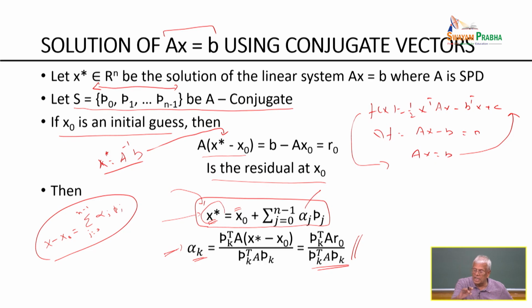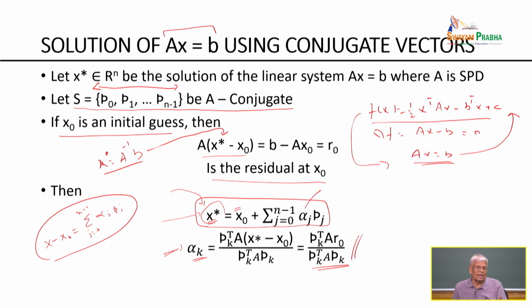And we have already seen that solving Ax = b is the same as minimizing 1/2 x transpose A x minus b transpose x plus c. Therefore, using the notion of conjugacy, I am able to express the unknown minimizer as a linear combination of conjugate vectors. Please understand, this we did not do in the gradient method. So, this brings out the power of the conjugate direction.